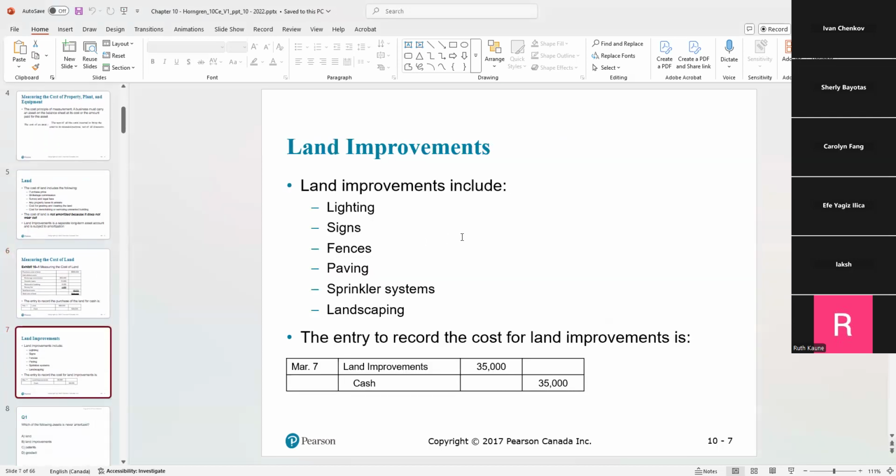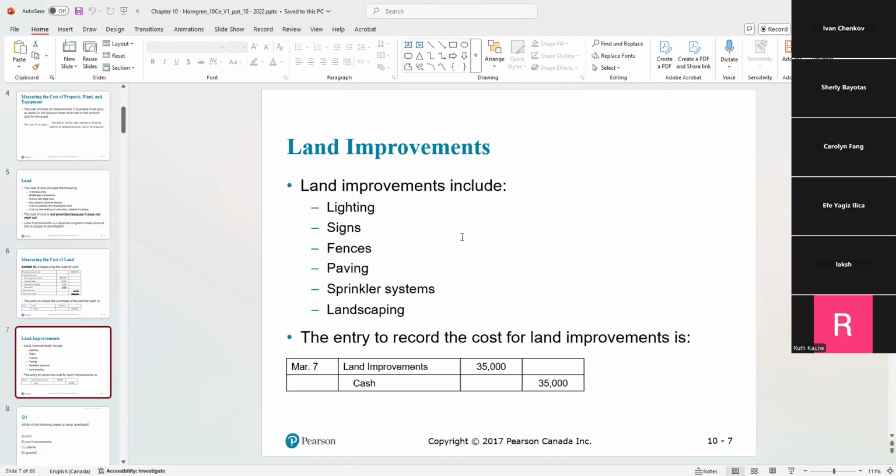What's the land improvement? Land improvement includes lighting, signs, fences, paving, sprinkler system, landscaping. All those are separate assets. They have nothing to do with the land. So imagine this.